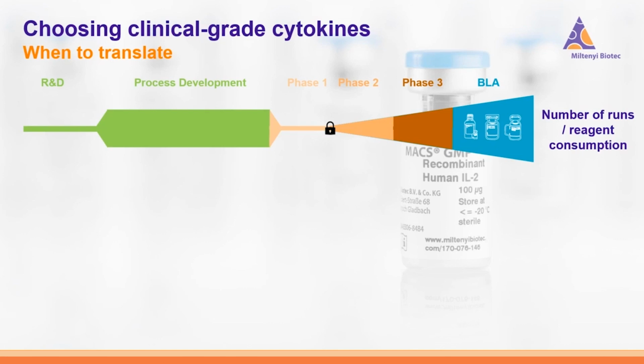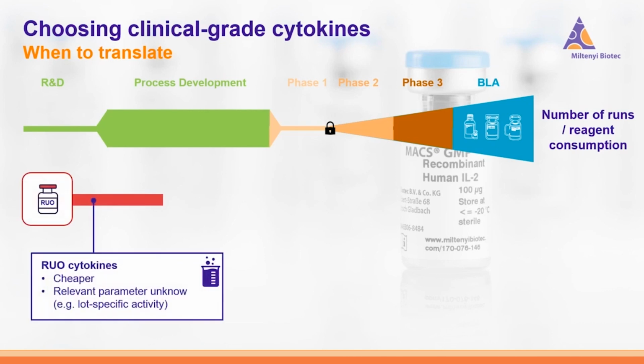Yeah. And what's usually recommended is, you do your R&D with research reagents. They are a little bit cheaper, but you actually don't know a lot of the relevant parameters. For example, for most research cytokines, you don't know the lot-specific activity. Yeah?